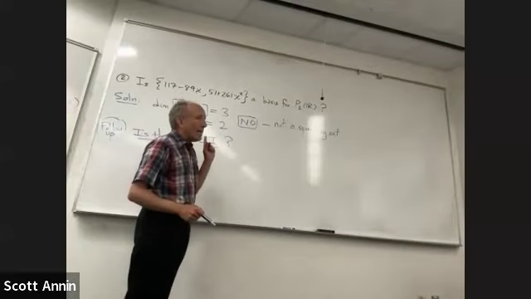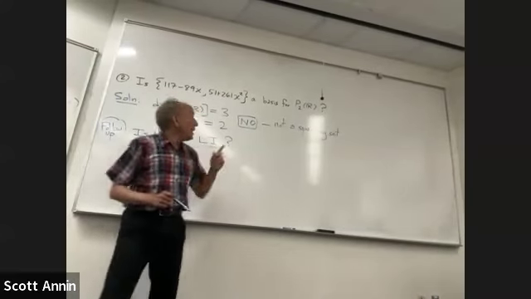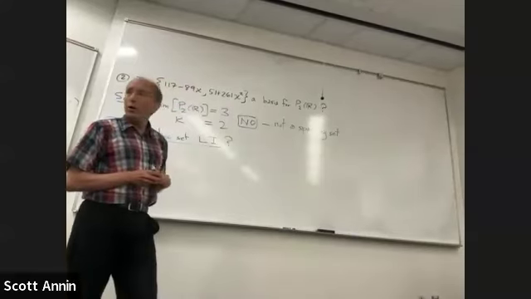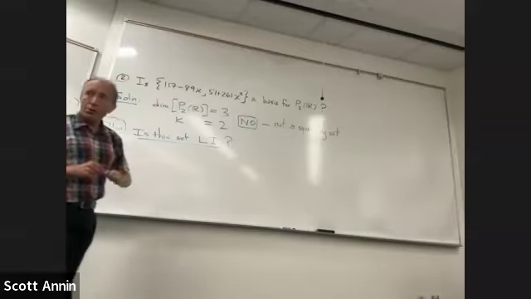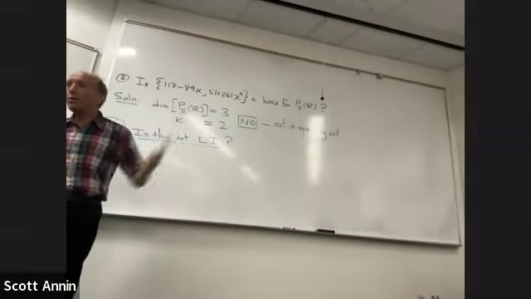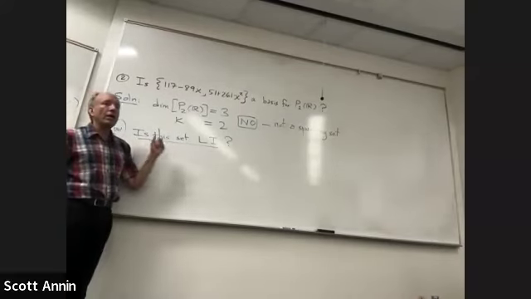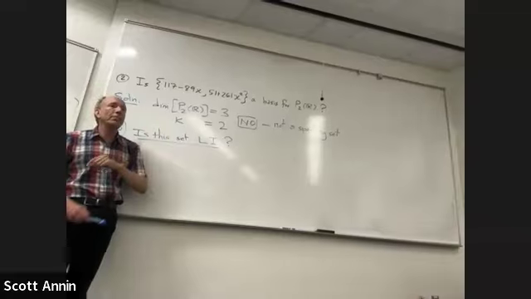Now I have an LI test, right? Where I lay my vectors into the columns and then I do EROs on it. Now I chose to make these numbers pretty horrendous on purpose because I want to encourage you to not do EROs. Is there a way to decide whether these vectors are LI just by looking at them?